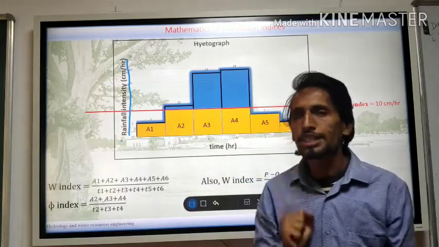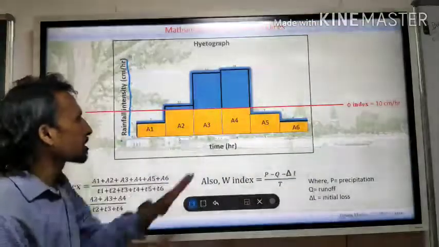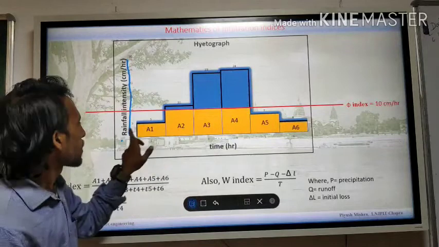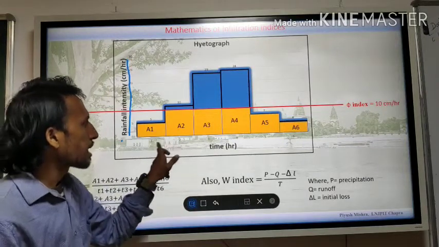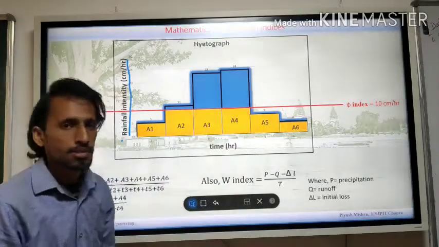So assuming that you have got the point, if you see this, okay, these are rainfall intensities and these are times, 1 hour, 2 hour, 3 hour, 4 hour, 5 hour, 6 hour.